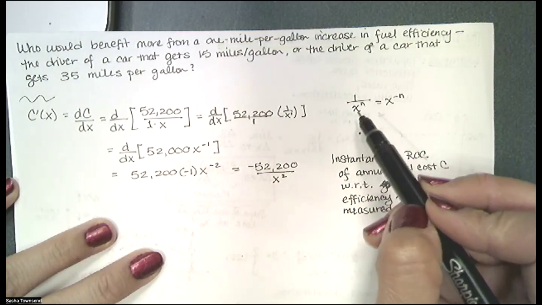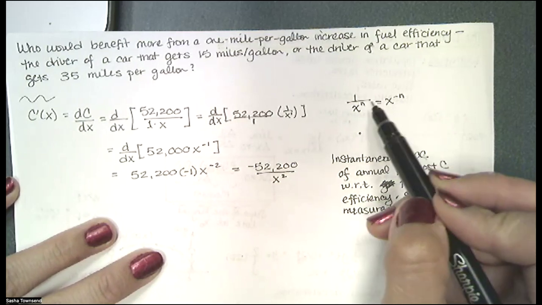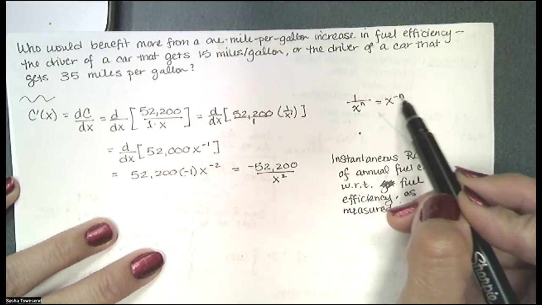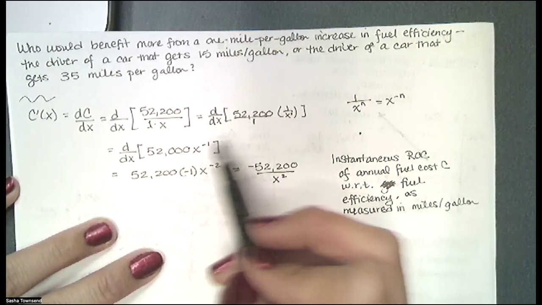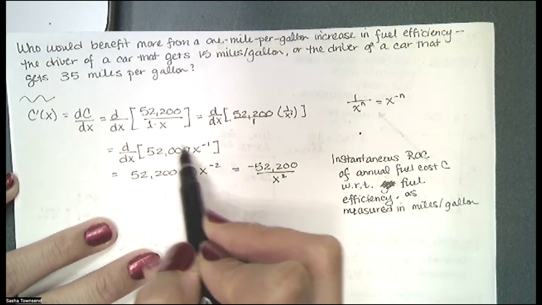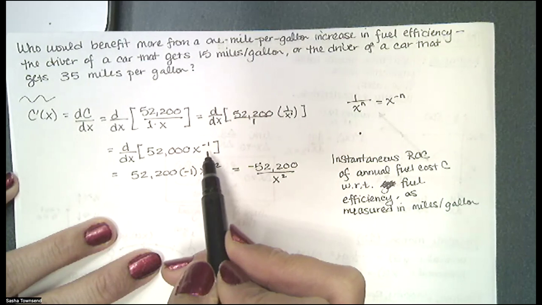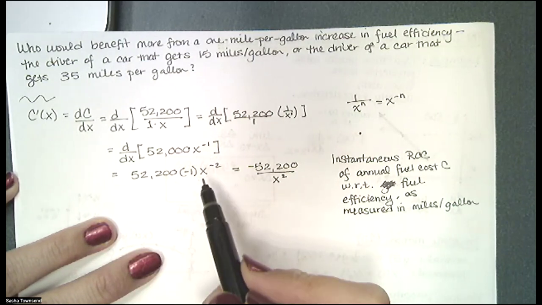If I've got 1 divided by x to some power, that's the same as x to the same power, but negative. So we bring the x up to the numerator, and that's fine as long as we change the sign on the exponent. So this 1 divided by x to the first is an x to the negative 1. When we take the derivative of a constant times x to some power, we bring the power down. We multiply this constant by the power, and then we multiply by x to the 1 less power.